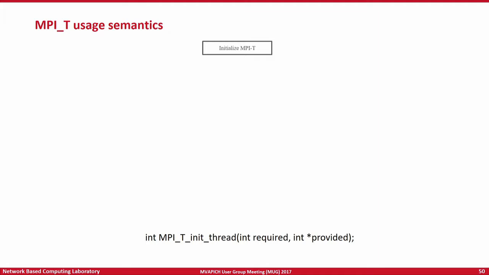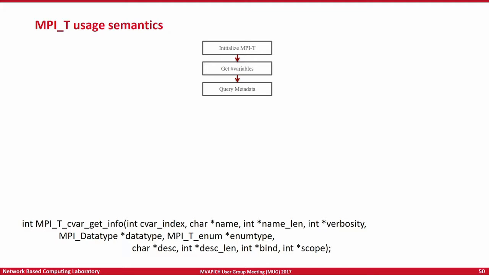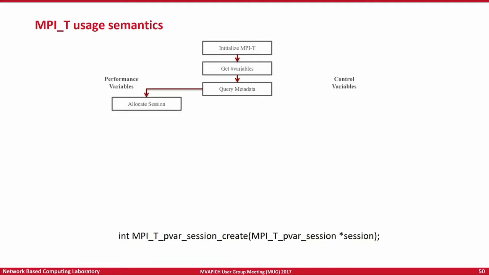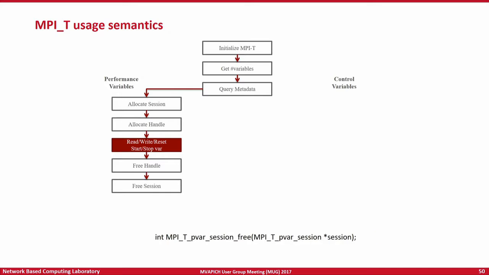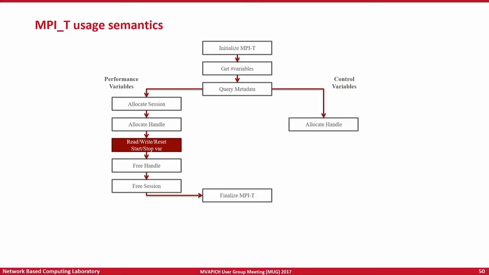Depending on the support, certain control variables can be set at any point during the application execution, while certain variables can only be set during or before the initialization of the MPI library. That depends on the particular control variable in use, and when you query the control variable, the MPI library will tell you what the scope is.